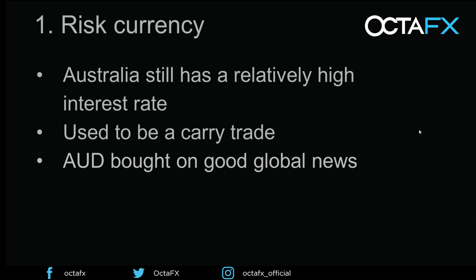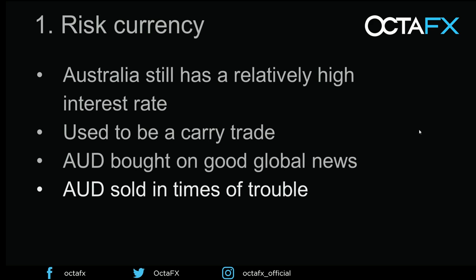In general, this kind of behavior continues when things are good. People take the risk and buy the Australian dollar. So when we have positive news about the world, about economic growth, it's good for the Australian dollar. And when we have negative issues, economic trouble or geopolitical issues, the Australian dollar is sold.